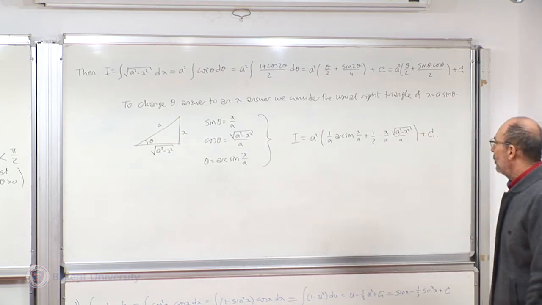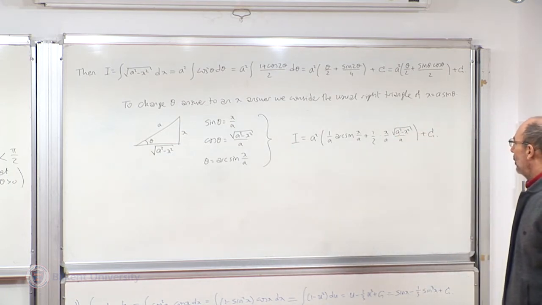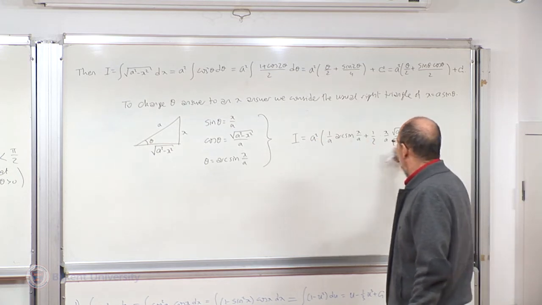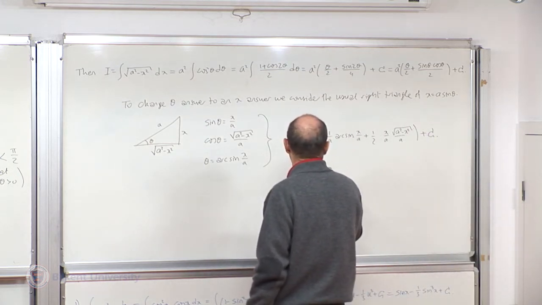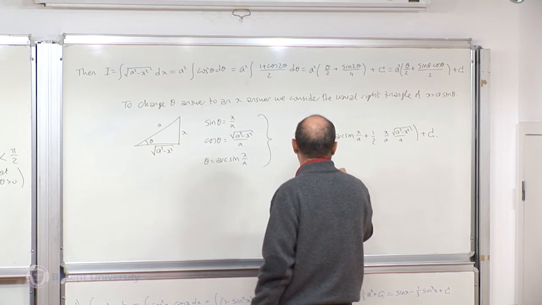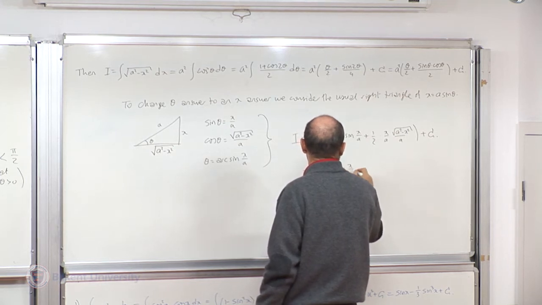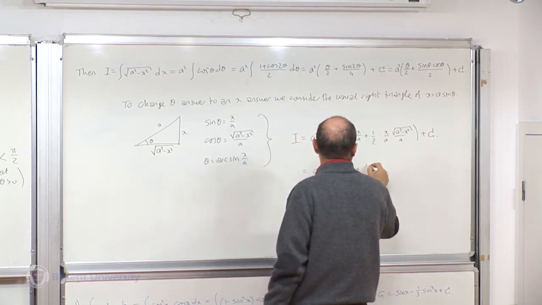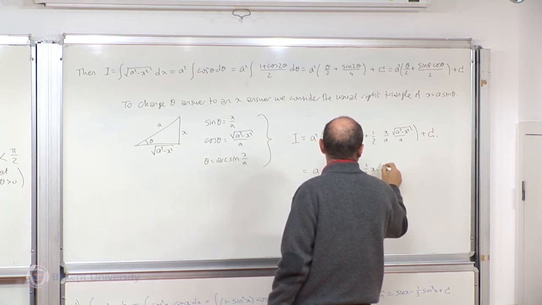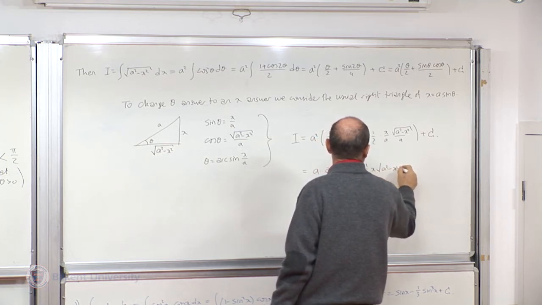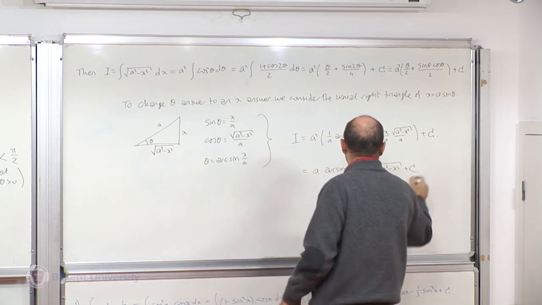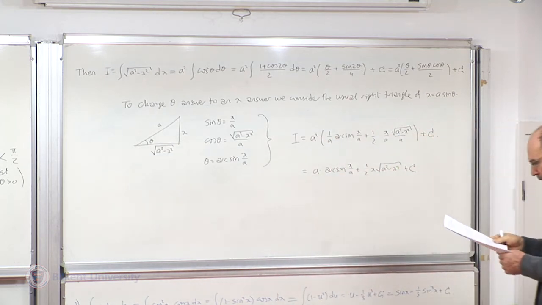You can stop here, or if you want a little more cosmetics, you can multiply this by a. So you will have a arc sine x over a plus 1 over 2 x square root of a square minus x square plus c.